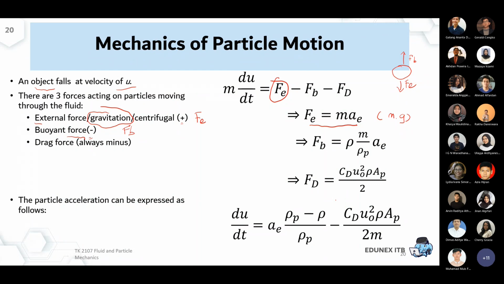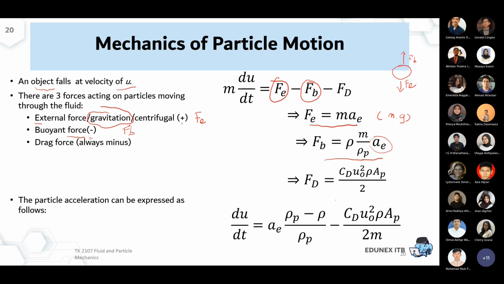That will be the second force acting on our system if we have a particle. The buoyant force is calculated as a function of the gravity constant and the correlation between the density of the particle and the density of the fluid.